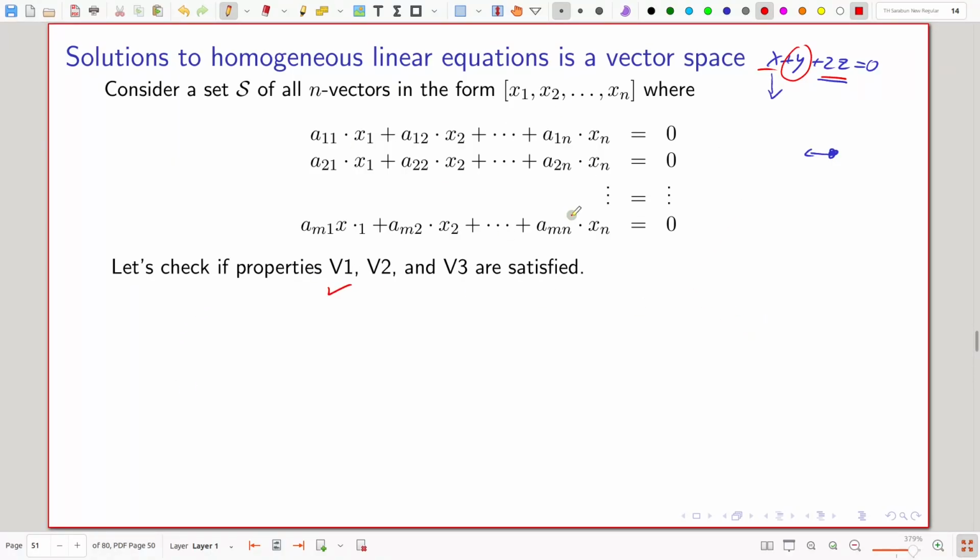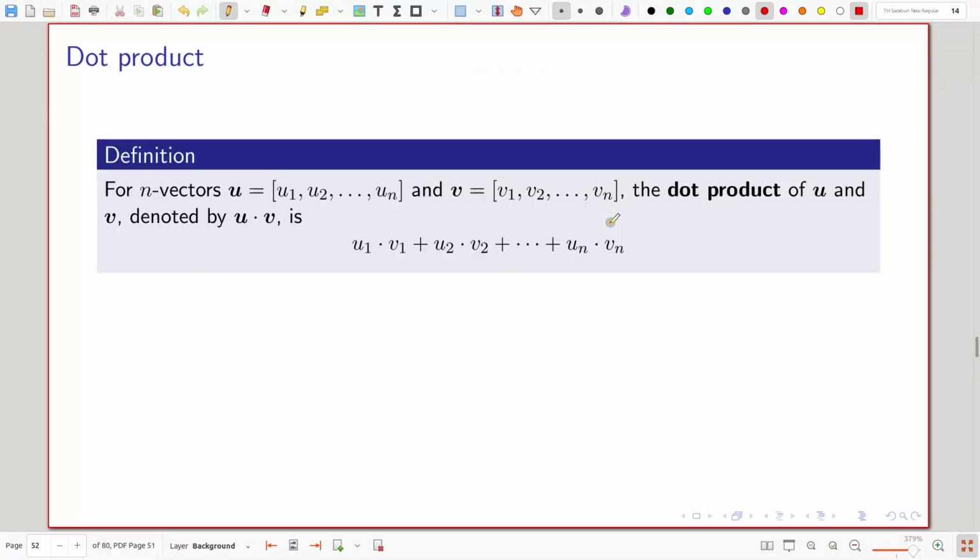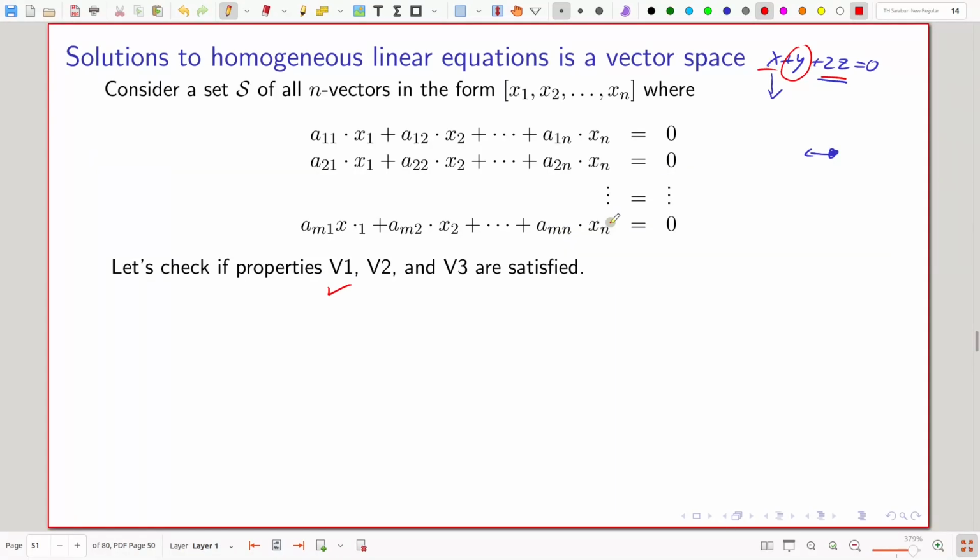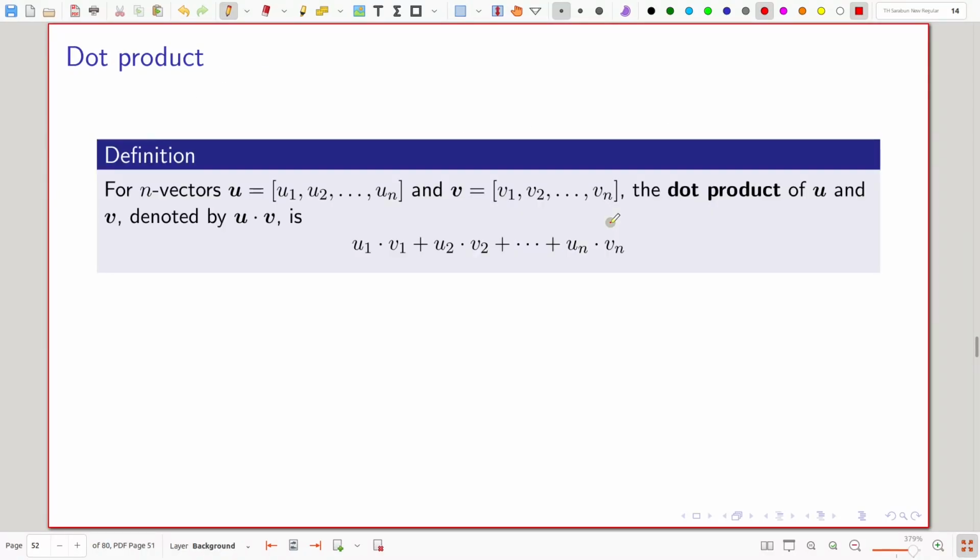Now, to prove this for more equations, maybe I need another notation, because this way of writing equations is very cumbersome. So let me give you another definition: the dot product. We learned about the dot product previously, right?